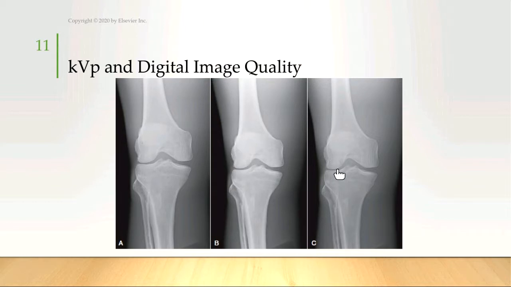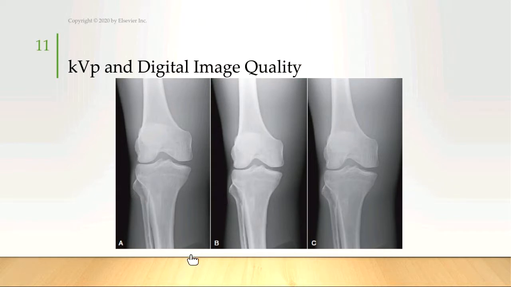So just like with mAs, these look relatively similar. You can tell this one is brighter than this one, which they did tell us gives us higher contrast, which is true. And this one gives us lower contrast than the original, but realistically, to an untrained eye, these look very, very similar.